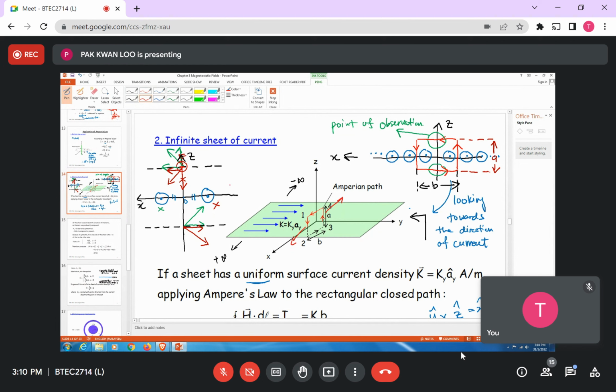There is no vertical magnetic field in this case. That means no z direction, there's no magnetic field in the z direction.